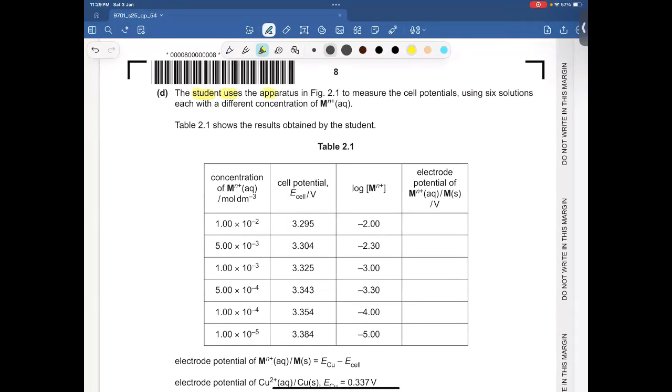Oh my goodness. Next, the student uses the apparatus in figure 2.1 to measure the cell potential using 6 solutions, each with a different concentration of this ion. That's easy.